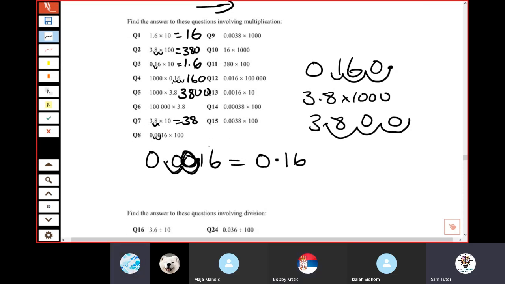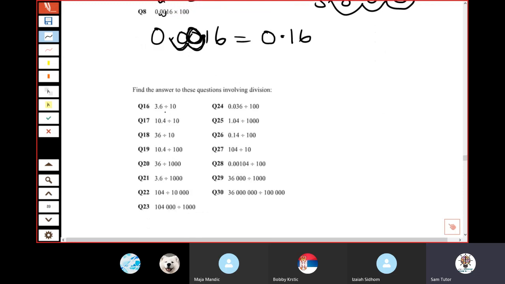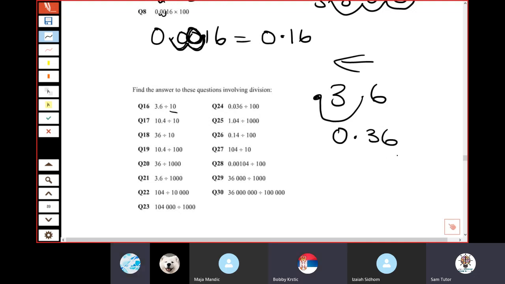Let's do some division questions. So you start at 3.6 and you move it to the left this time. So divide by 10, it's going to look like this. 0.36. All right, Adele, we'll start with you. 10.4 divided by 100. You're going to move it once to the right.